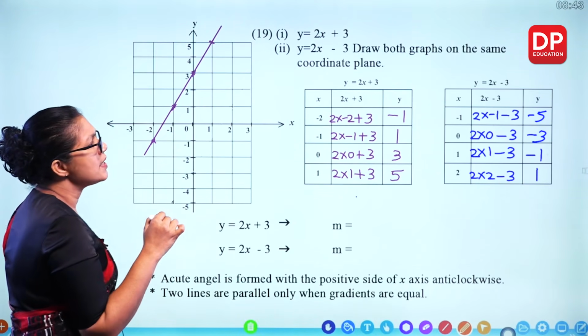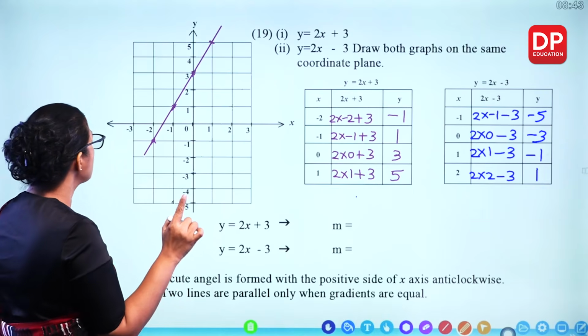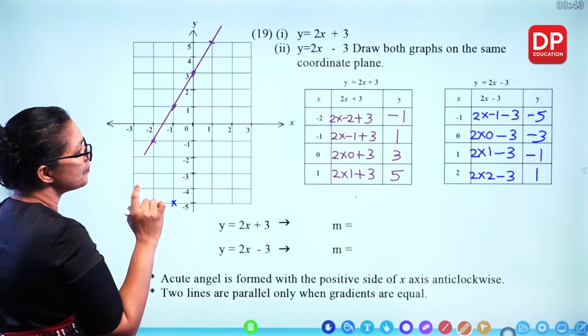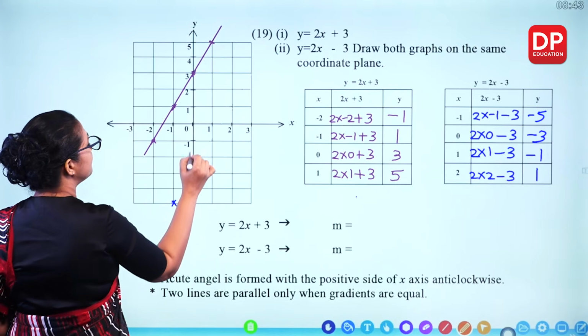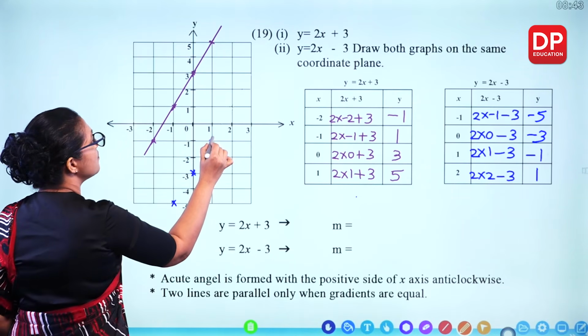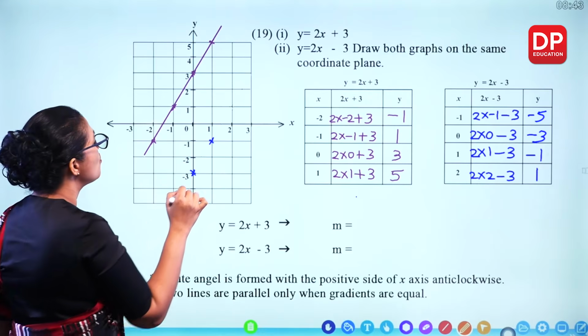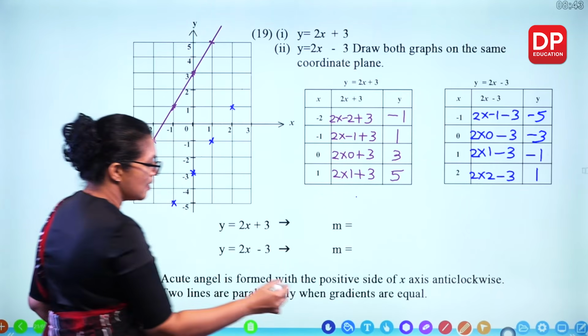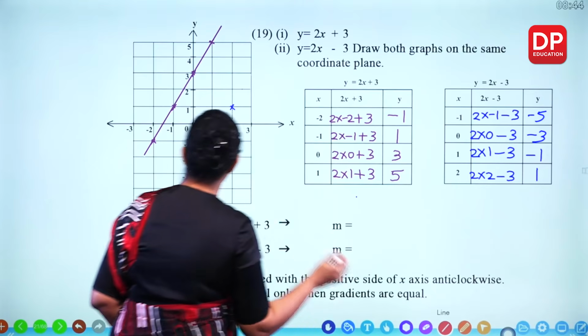Now we'll mark it: minus 1, minus 5. Minus 1, minus 5 is here. 0, minus 3. 1, minus 1. 2, 1. So these are the points. We'll connect with a ruler.